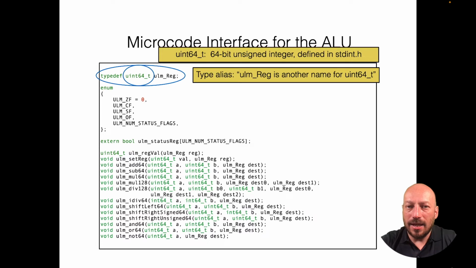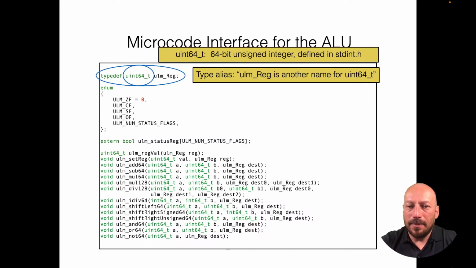And that's why I will use this type diff in the interface, so that you can see in the description of these functions, for example, for adding integers, that in certain parameters the ID of a register is expected, and in some other parameters a 64-bit pattern.